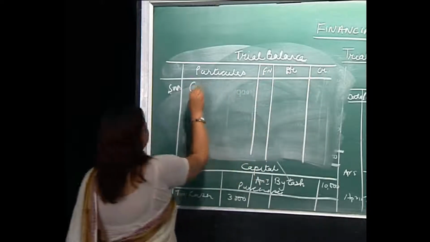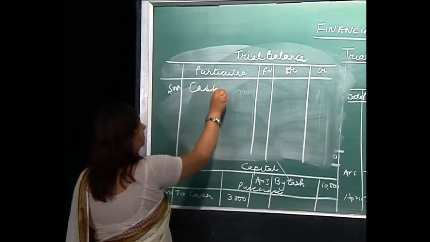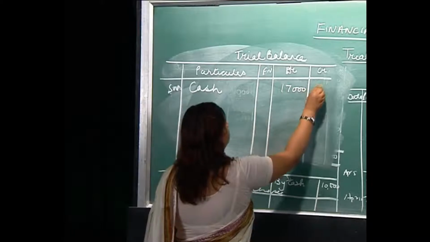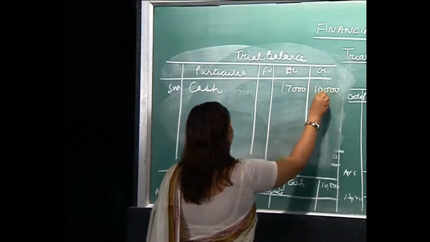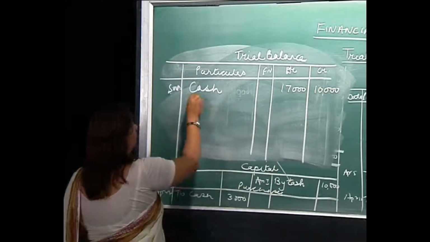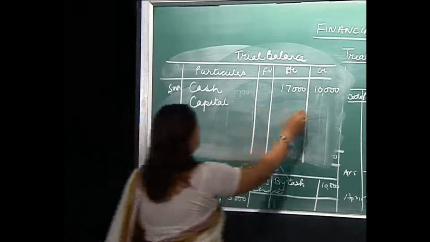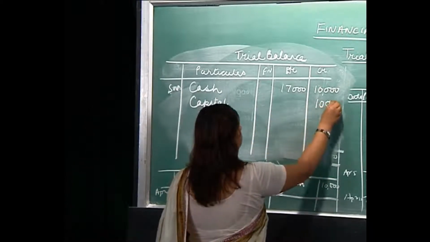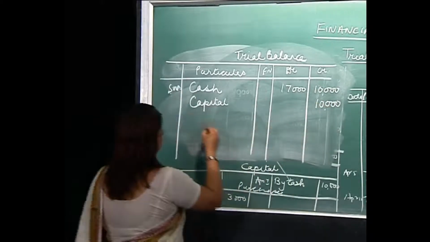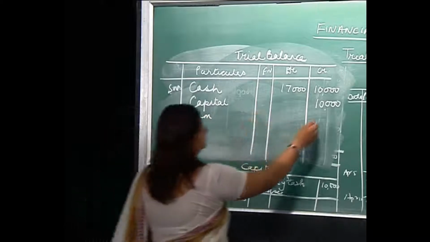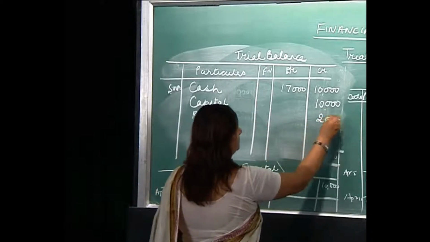So first account was cash account, where it has debit of 17,000 and credit of 10,000. Now next account was capital account. It was in the credit side 10,000. Then we had Ram's account. It's showing 2,000 on credit side.